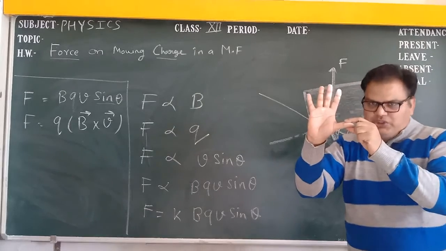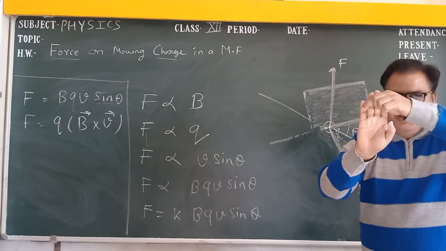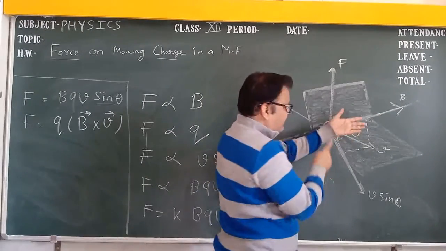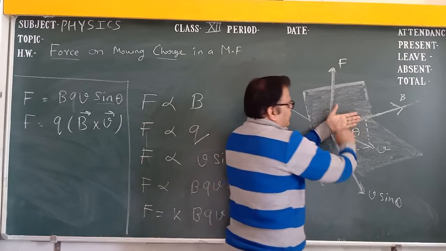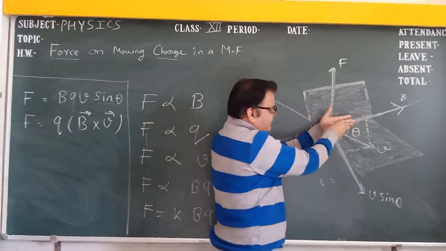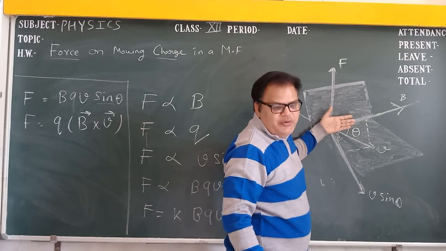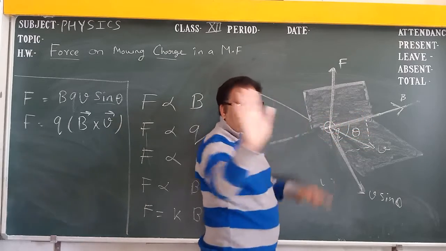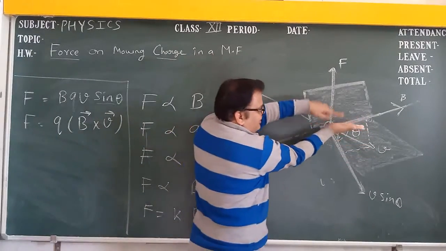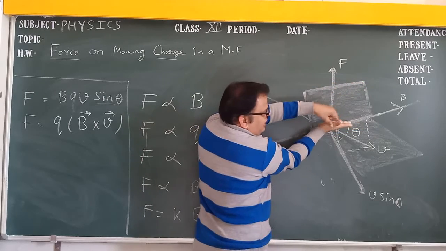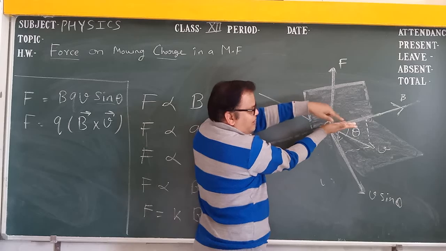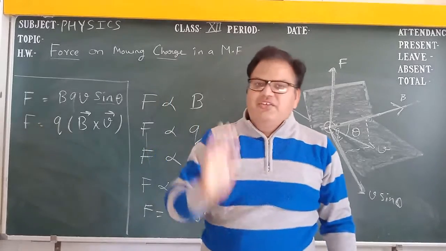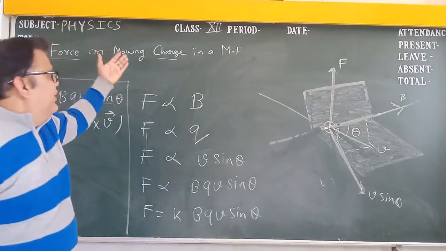This shows the direction of motion, this shows the magnetic field, and the palm shows the force. Put your right hand so that the fingers point in the direction of the magnetic field, the thumb in the direction of the velocity, and the palm shows the direction of the force. In this way we can easily find the force on a moving charge in a magnetic field.